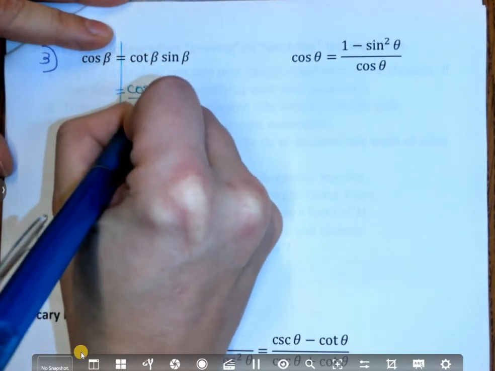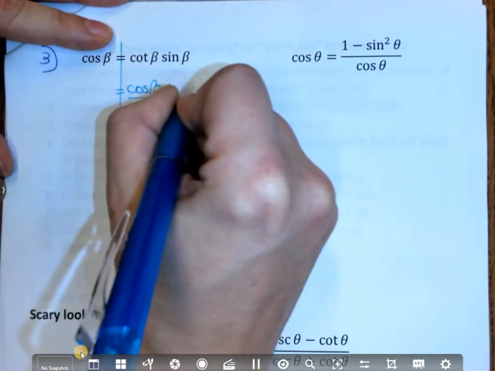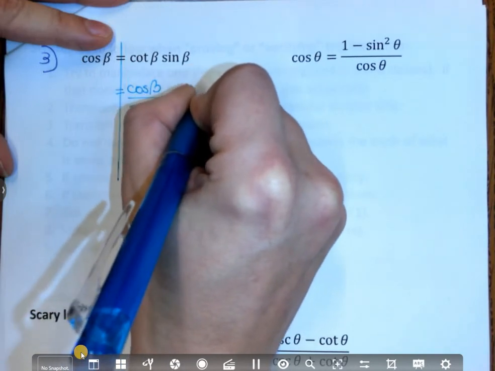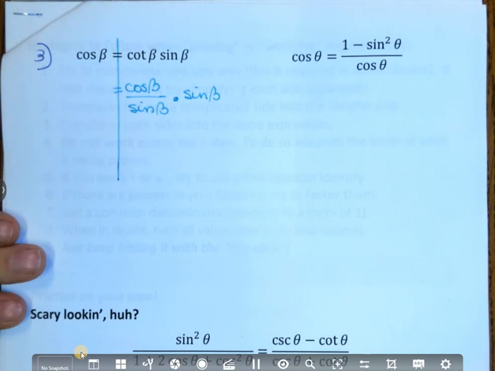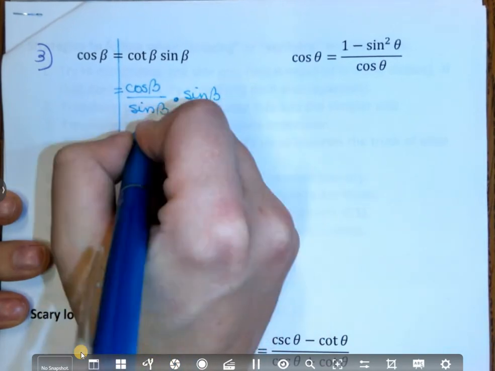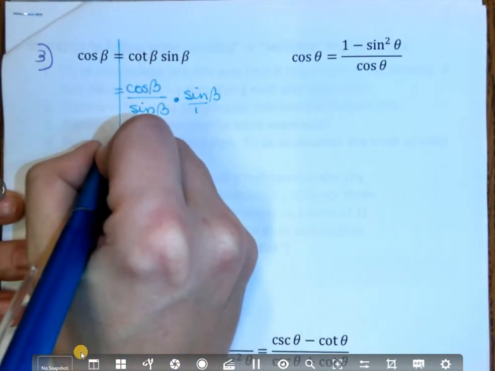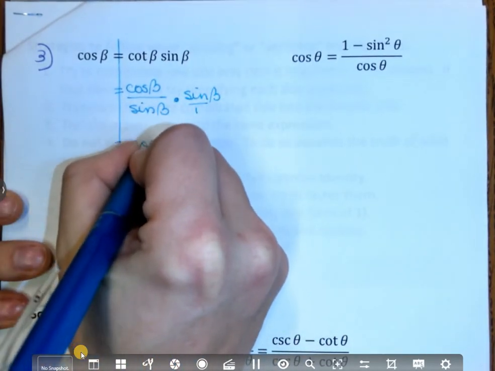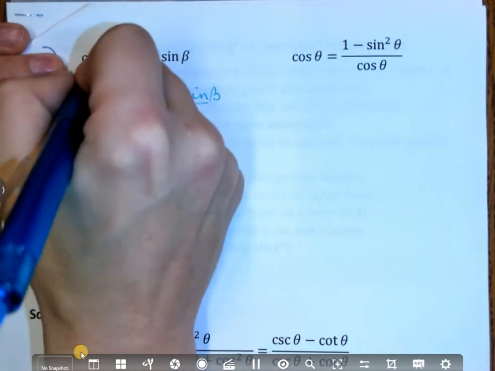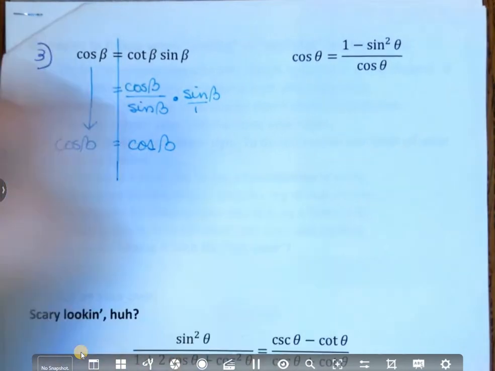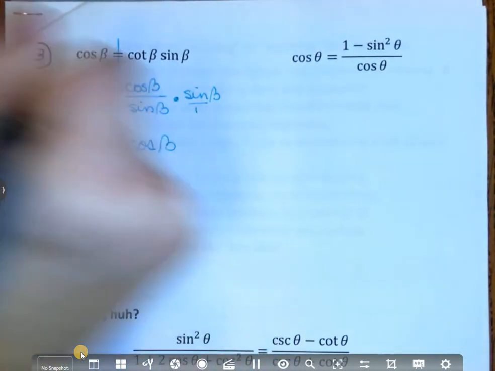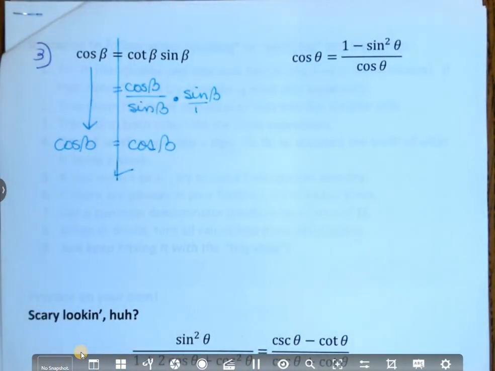Cosine over sine. Well, what does that become? Cosine. Because that's sine over 1 times something over sine. Those simplify away. And I'm left with just cosine. That's what I wanted. So as long as left is identical to the right, you are done.